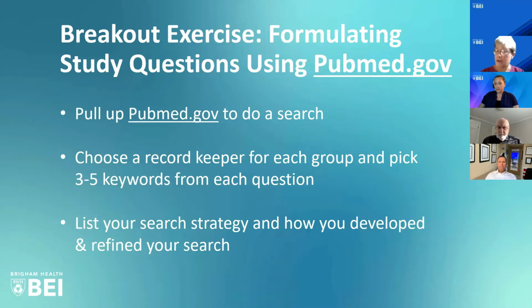You're going to attach different concepts with AND, and then OR together all the synonyms. Initially, I just want you to think in terms of separating the idea in the question into different major concepts that you'll search in PubMed.